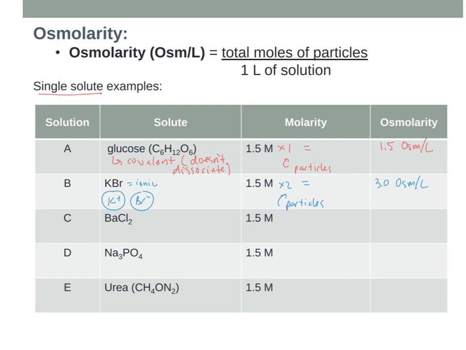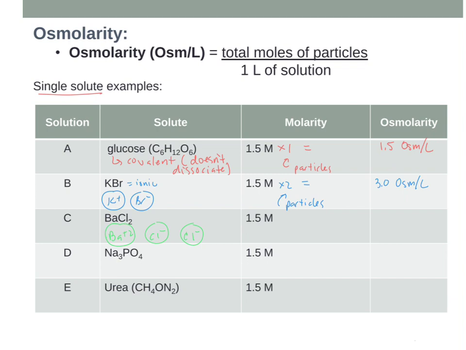Barium chloride, for example, is also ionic, and it's made up of a Ba plus 2 and a Cl minus and another Cl minus. So it looks like I have 1, 2, 3, right? BaCl2.